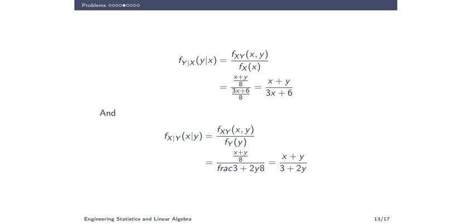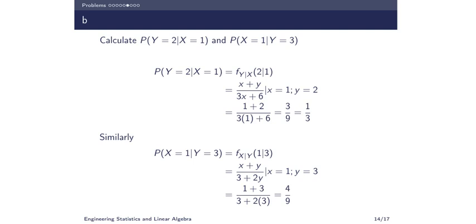Similarly, f(x given y) is f_XY given, and the given part is y, so f_Y(y), which is (3 + 2y)/8. So the 8's cancel, and you get (x + y)/(3 + 2y). So you got two functions, y given x as well as x given y.